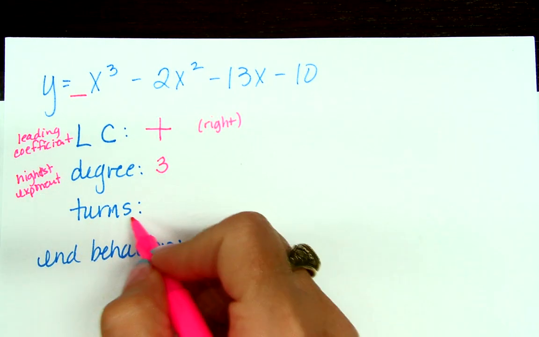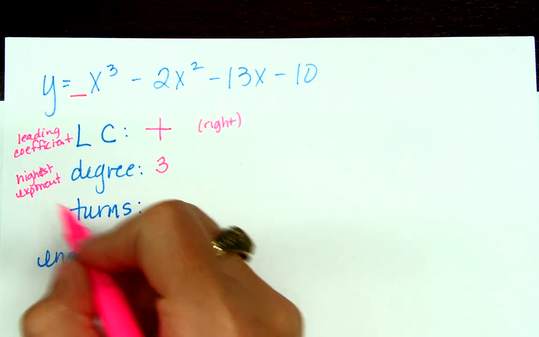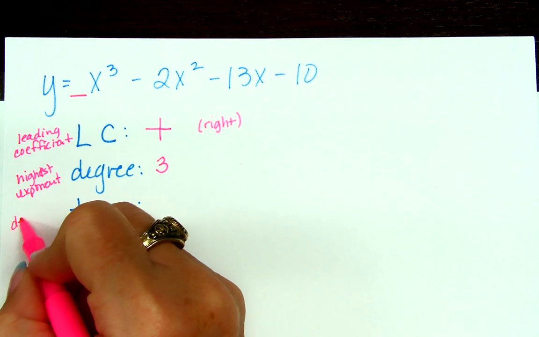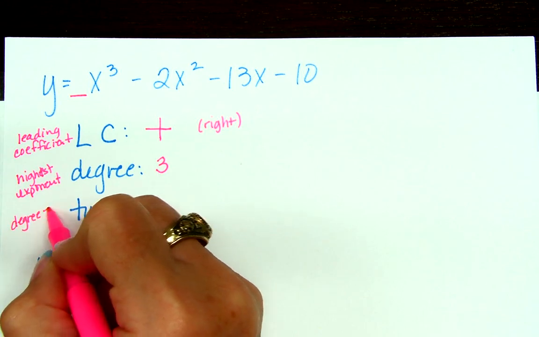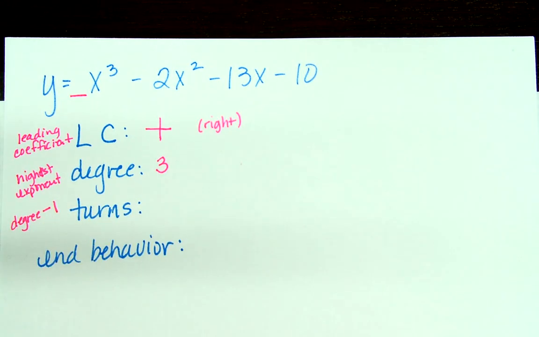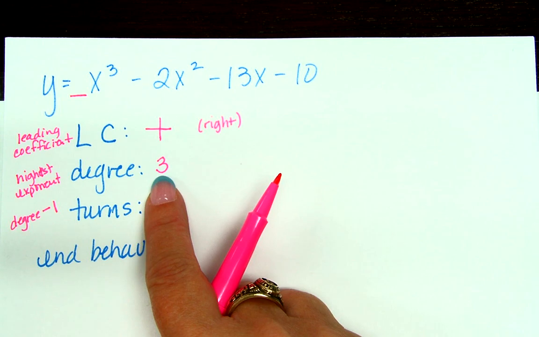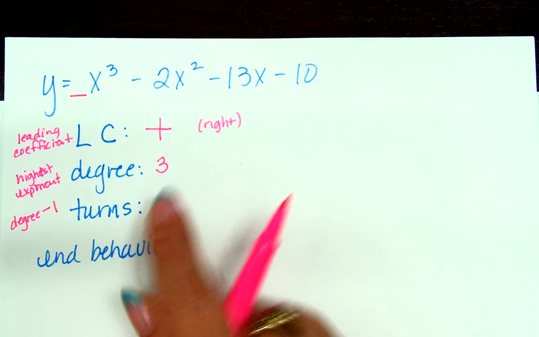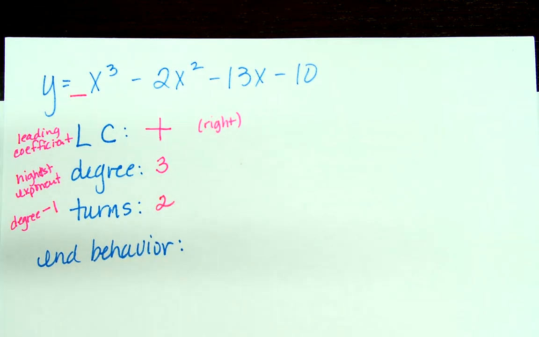So the best part about this is the number of turns is the degree minus 1. Most people can subtract 1. So what's the degree? 3. So how many turns are there? Excellent. You did a great job subtracting 1.